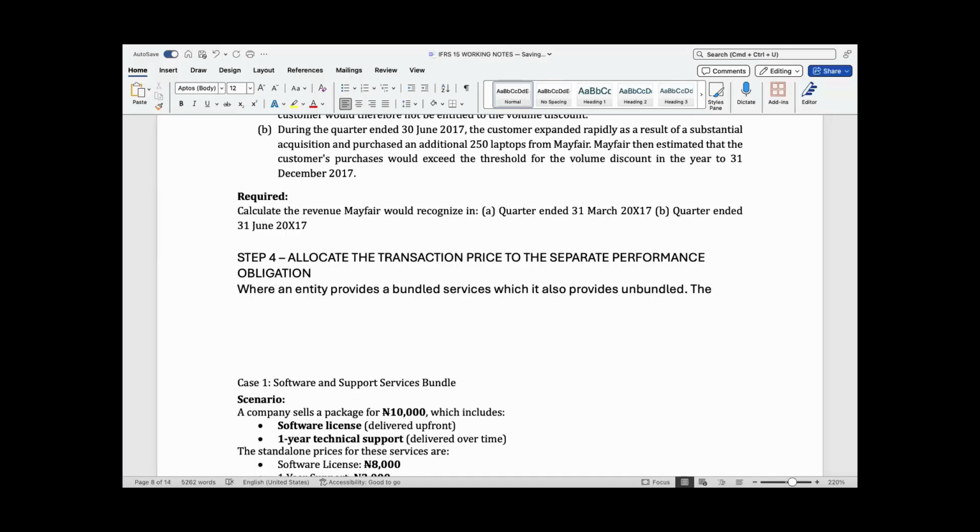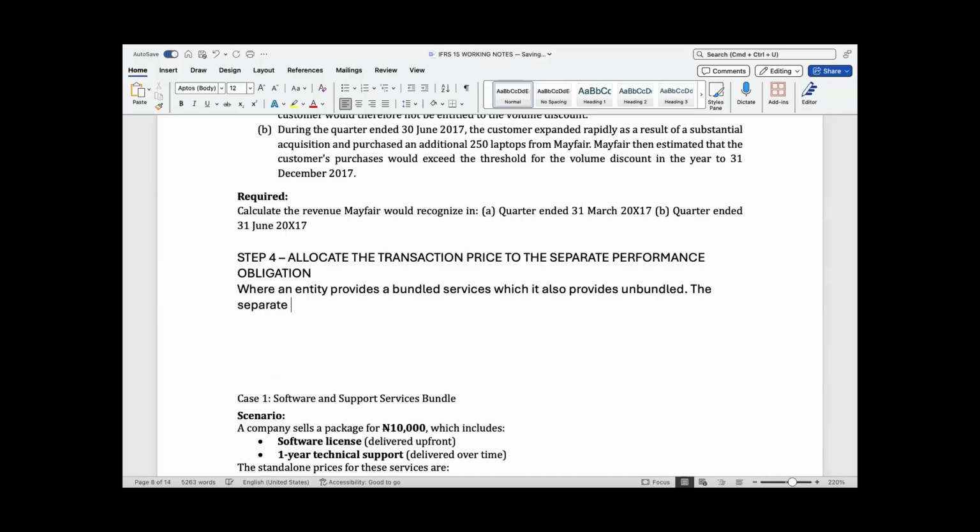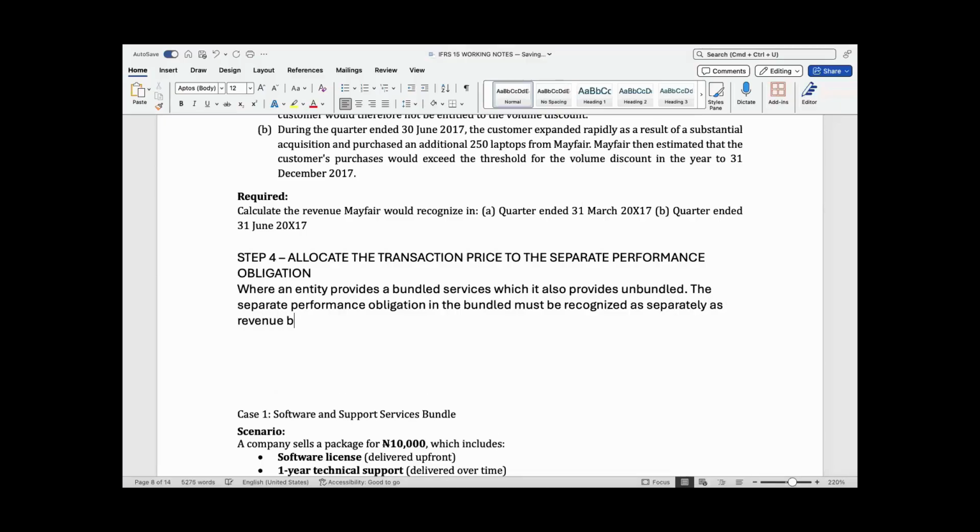You see, the separate performance obligations in the bundled services must be recognized separately as revenue based on their standalone selling prices.